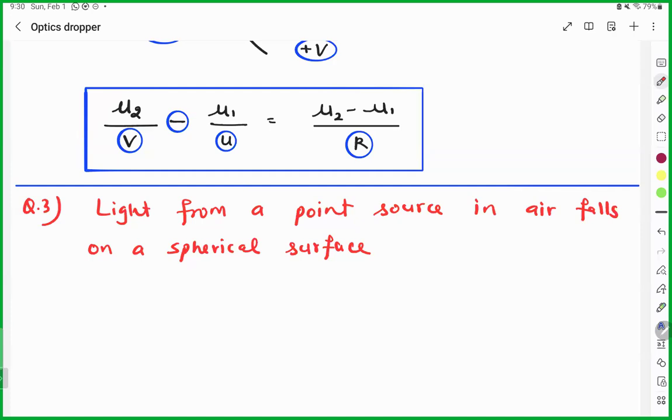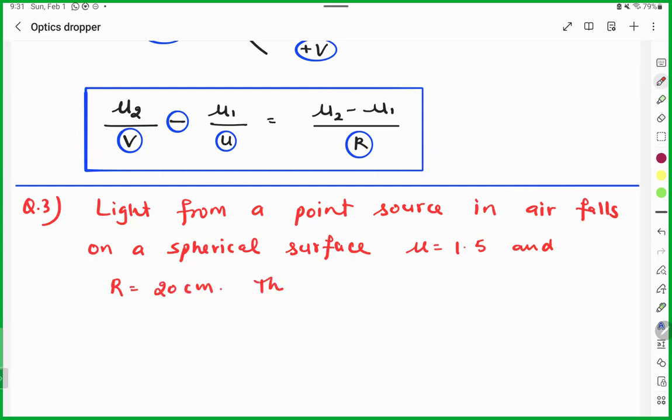Light falls on a spherical surface in air, where the refractive index is 1.5 and the radius of curvature is 20 centimeter.